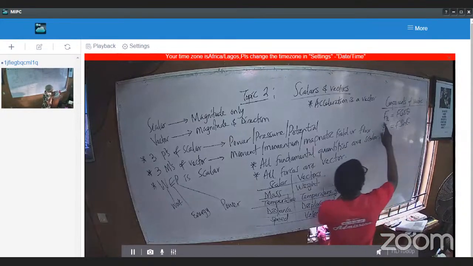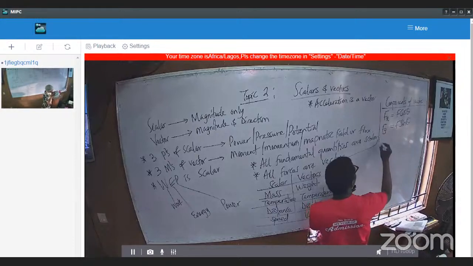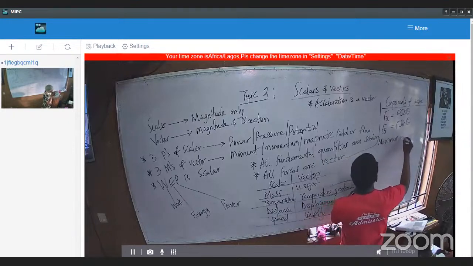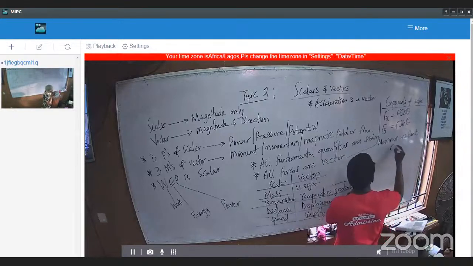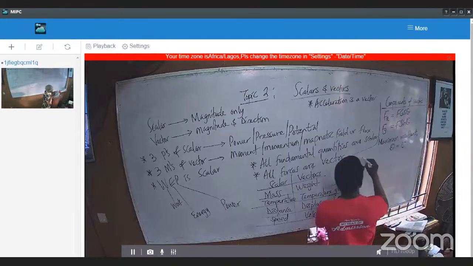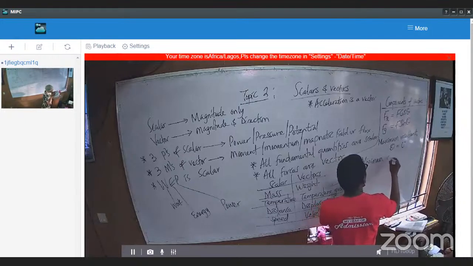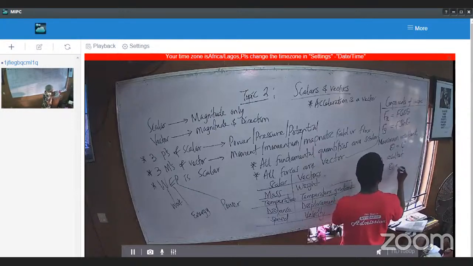So look at that. Fx is F cos theta, Fy is F sine theta. Class, at what angle do we have maximum resultant? 0. Thank you. Maximum resultant, theta is 0. What of minimum resultant? 180. Minimum resultant, theta is 180.